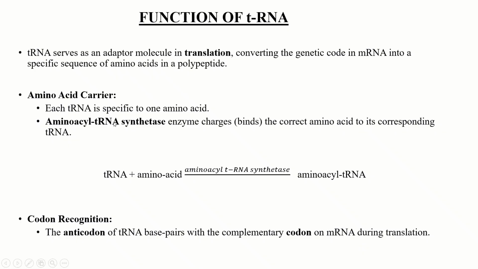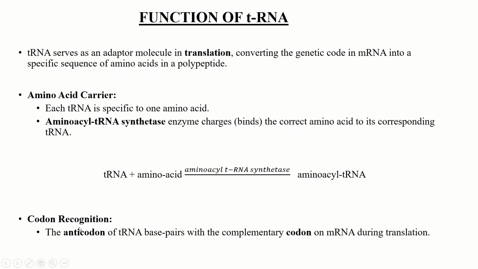The enzyme aminoacyl tRNA synthetase helps the amino acid bind to the corresponding tRNA. This is the equation that I have given: tRNA with amino acid, in the presence of aminoacyl tRNA synthetase, gives a complex or charged molecule called the aminoacyl tRNA.